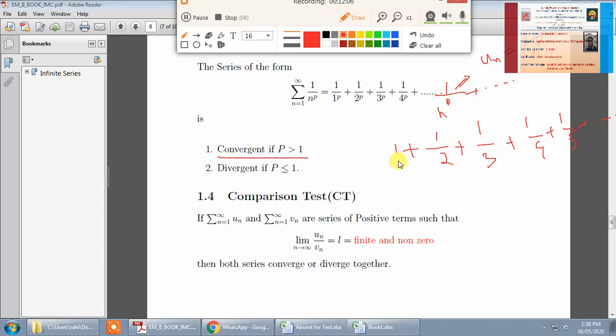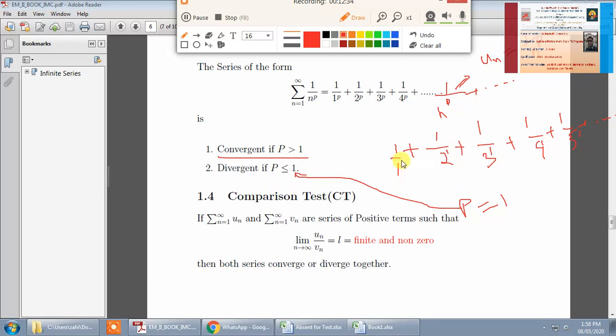Because it has the form of 1 upon 1 raised to 1, 1 upon 2 raised to 1, 1 upon 3 raised to 1, 1 upon 4 raised to 1, 1 upon 5 raised to 1. So what is the value of p here? The value of p is equal to 1. So this is a power series with p equal to 1, and p equal to 1 will give you a divergent series.